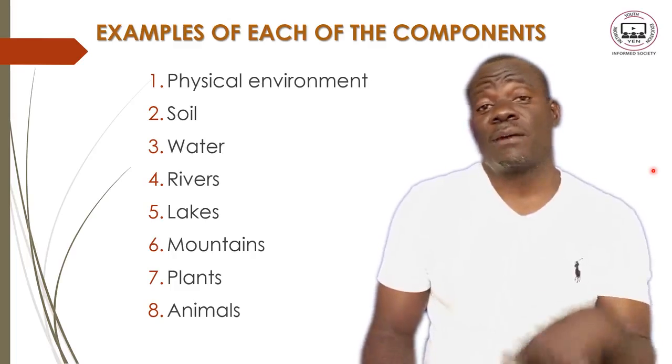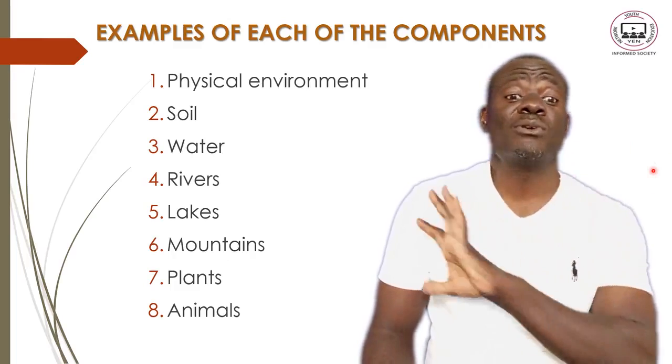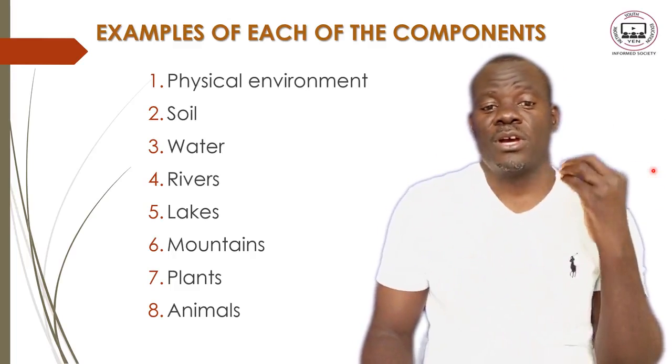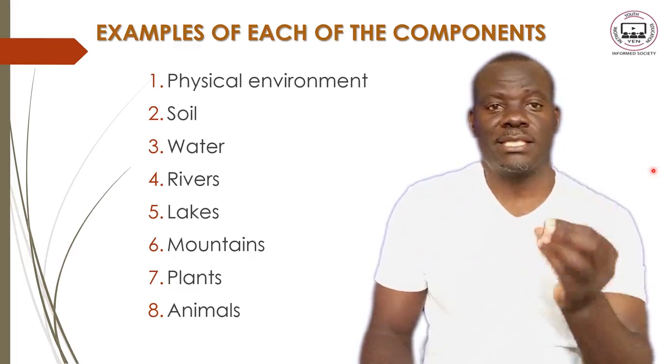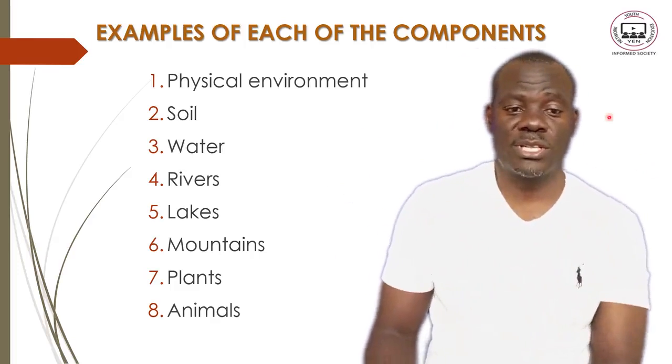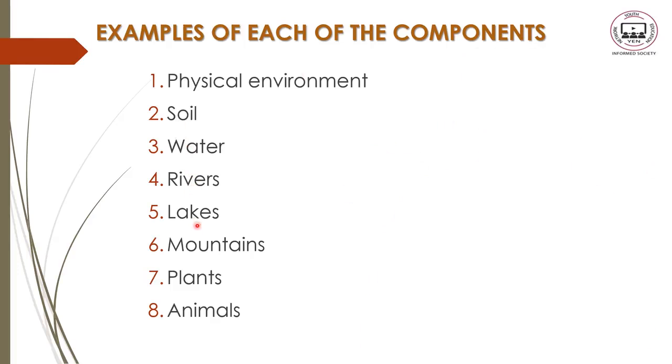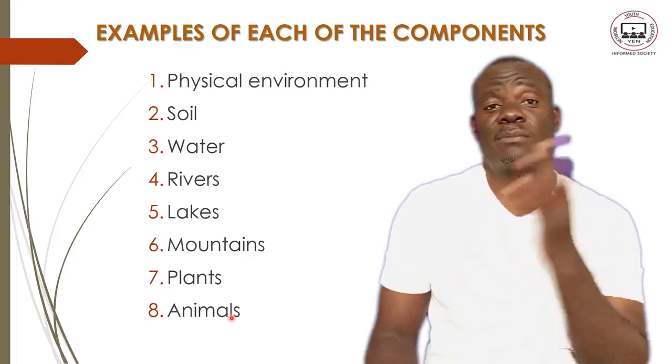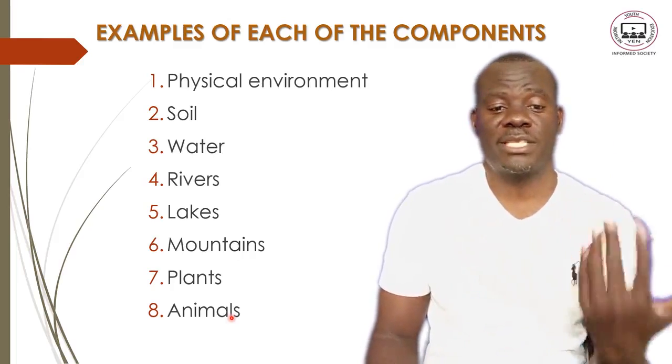There are so many physical things. The physical things are the things that are tangible, the things that we can touch. So the soil, the water, the rivers, the lakes, the mountains, the plants, the animals, all these make up the physical environment, and many others.